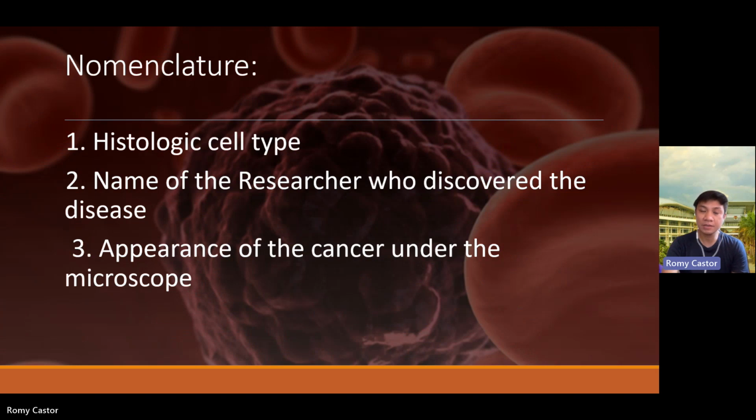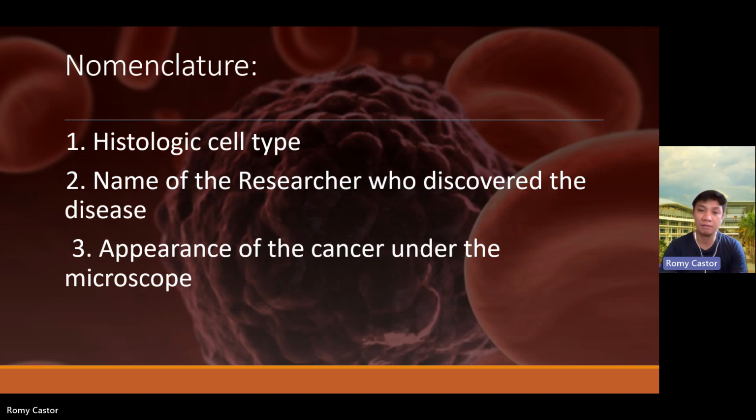Okay, then we have the nomenclature of the different tumors or cancers. The naming of the different tumors or cancers is based on, number one, histologic cell type. So let's include what type of tissues are involved; they are given a name based on the type of tissues involved.